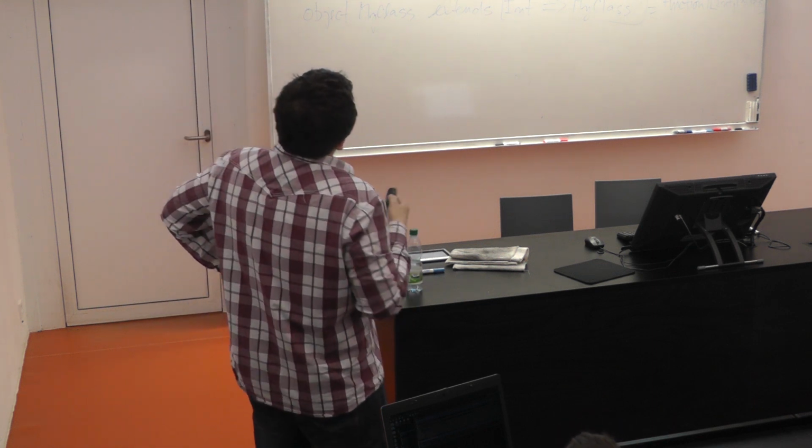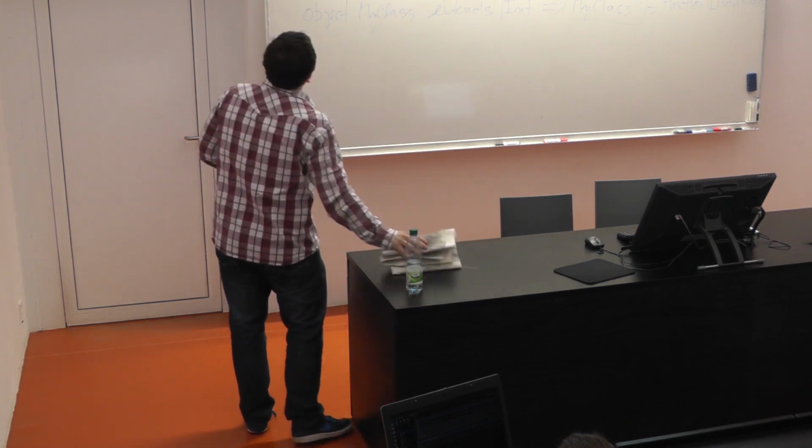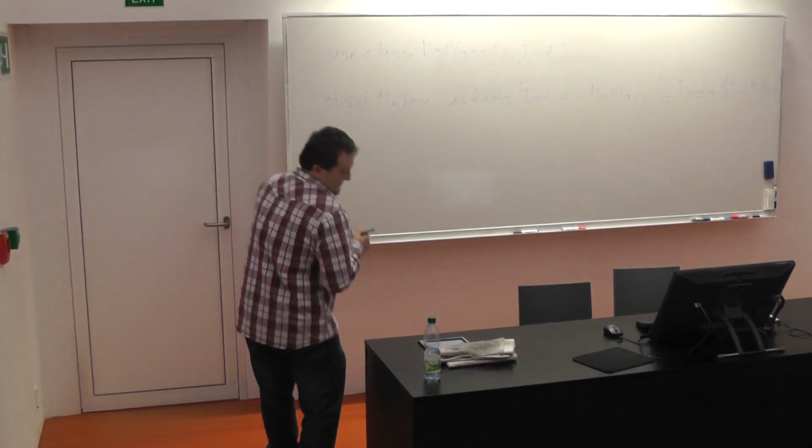In Java 8 it's not like that. It's not exactly the diamond inheritance problem, but you have to resolve those conflicts manually. There is some new syntax added. I'm not sure if I want to go into detail, but no, I will not go into details.